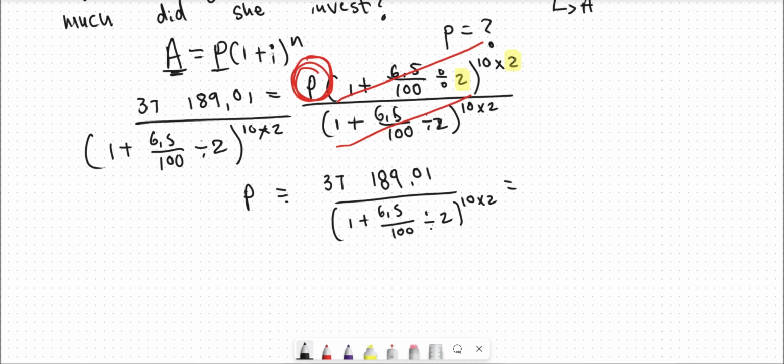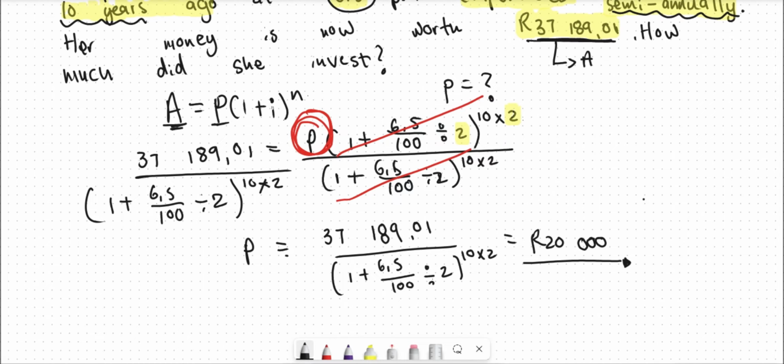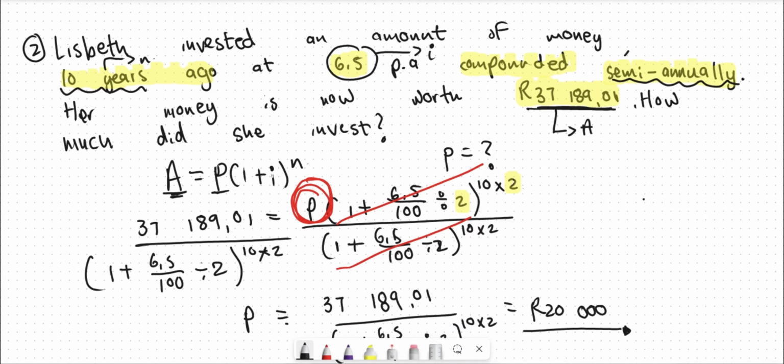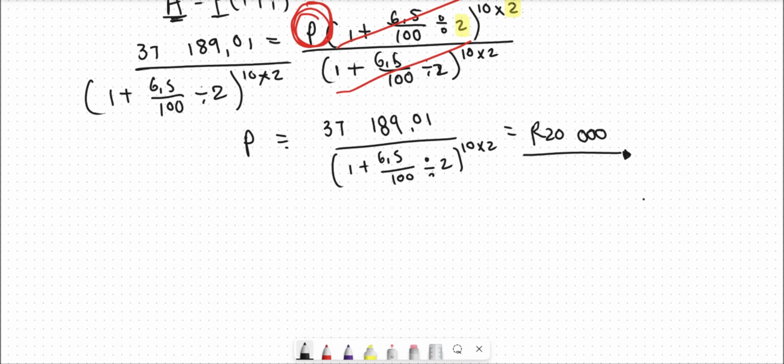And if you plug this into your calculator, you should get that she invested, to start off with, a rounded-off value of 20,000. And there we go. So that's how you would go about solving for the P using your compound interest formula. Hope that makes sense, guys. If you want to have a look at it and pause and rewind, you're more than welcome to do so.